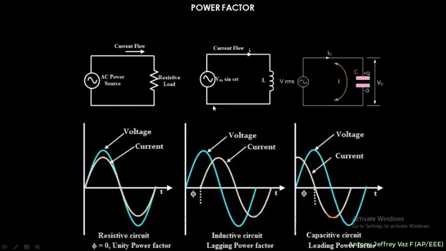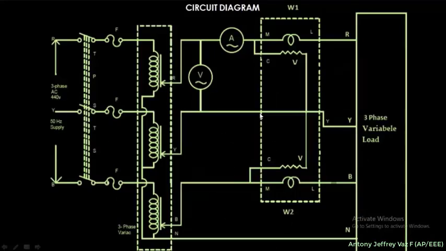So in connecting components such as resistor, inductor and capacitor to AC voltages, you will have leading, lagging as well as unity power factors. I think all have understood the power factor concept. Let us move to the practical session.